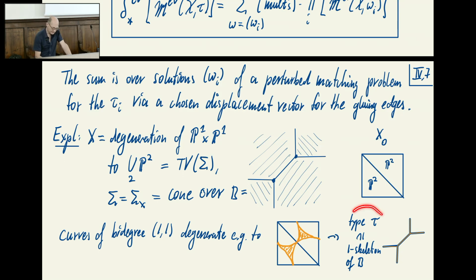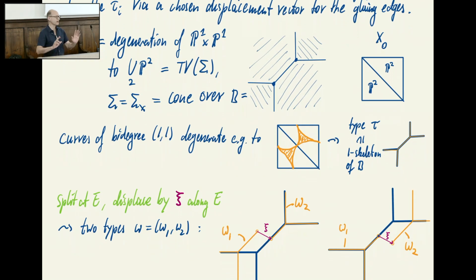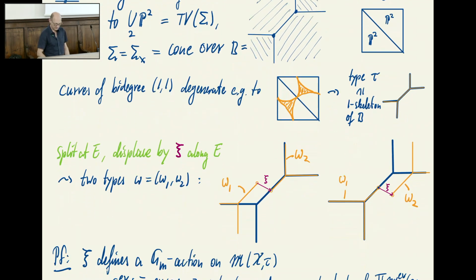The corresponding type tau for this thing is essentially the one-skeleton of this B that I wrote down here. So it's just this curve that sits on top of the one-skeleton of this B. Okay, so that's my type tau that I want to compute.